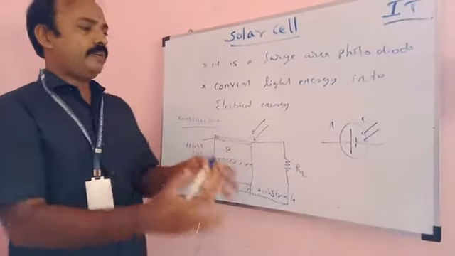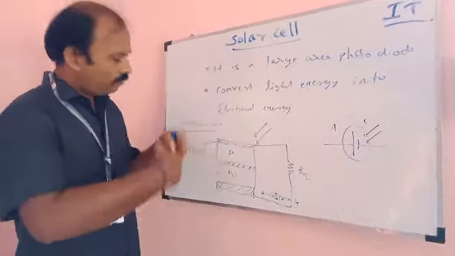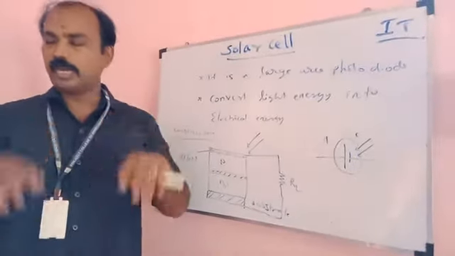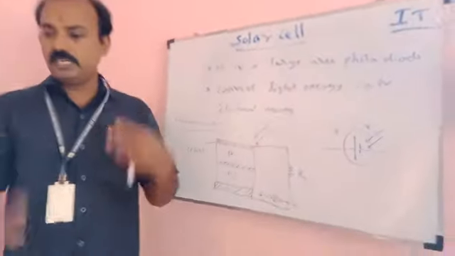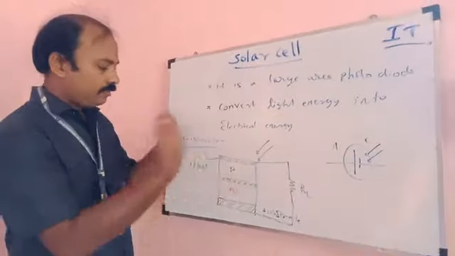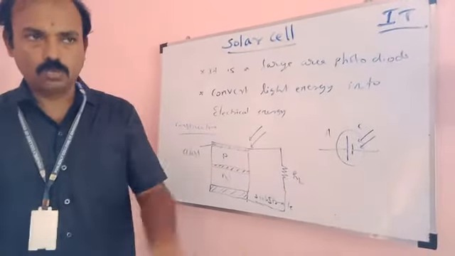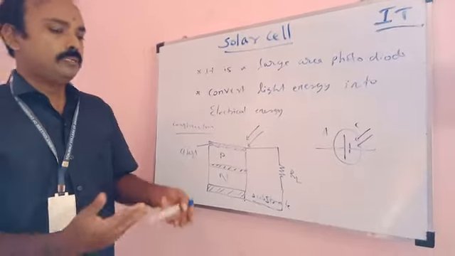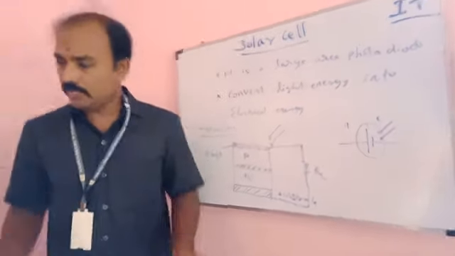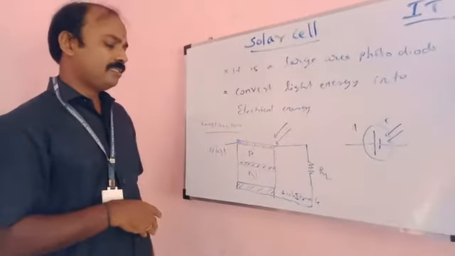So the reverse current development will take place. As usual, when the incident light intensity further increases, then the production of electron-hole pairs will be very high. Then automatically the charge carrier movement will take place.